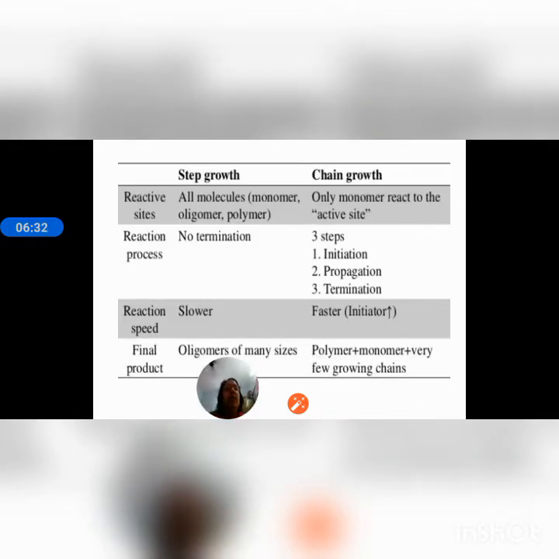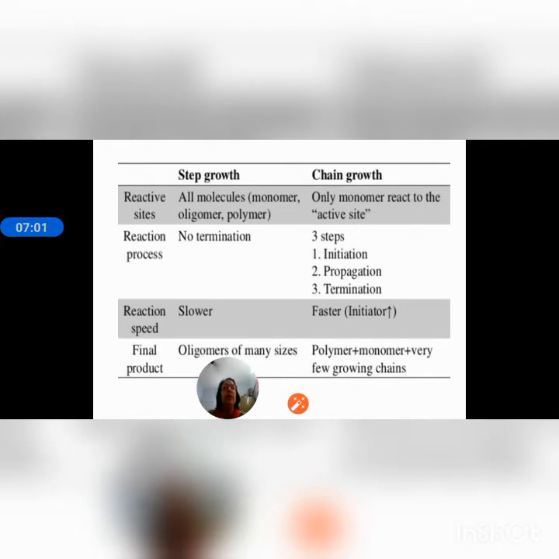In comparison of step growth and chain growth polymerization, we can see that the reactive sites are different. In the first, all molecules take part, but in chain growth only monomer reacts to active sites, and active sites continue in the propagation step.